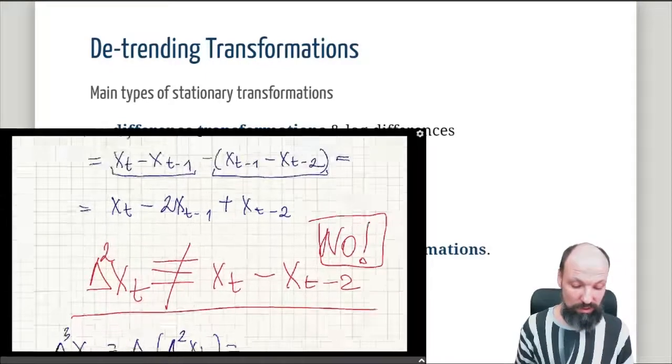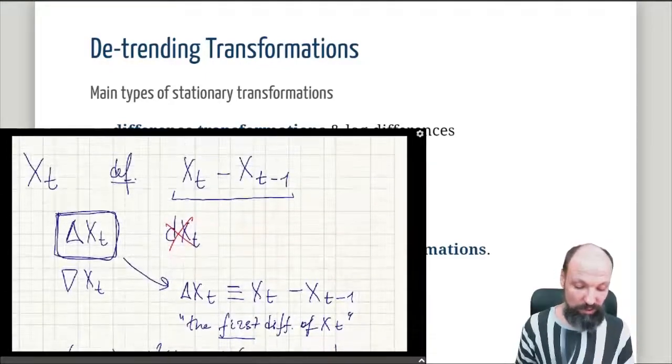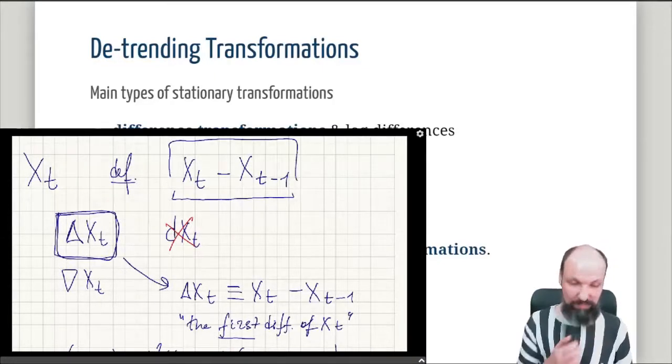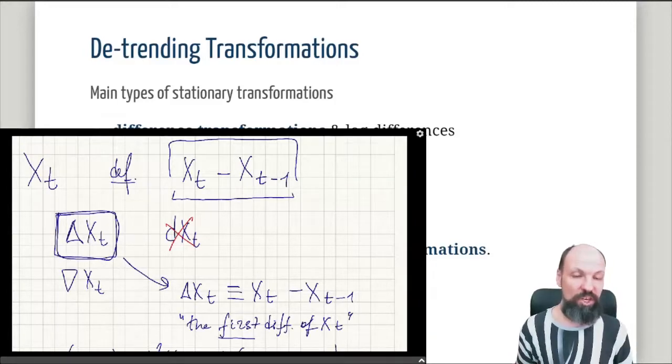So when we discuss the first difference, this one, it is obvious: how much the time series changes in the basic value, not in percentages, in the same units. So the units of the first difference remain the same.